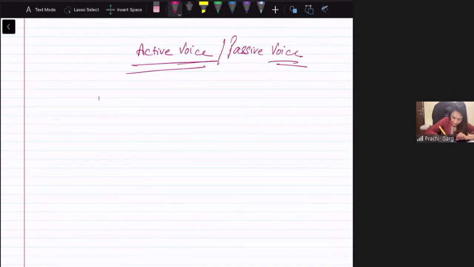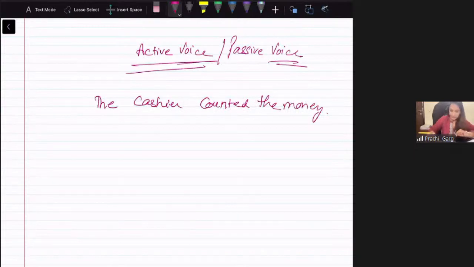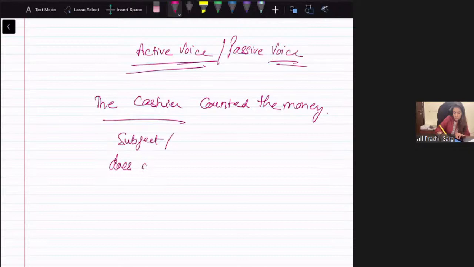If I say, the cashier counted the money, the cashier is the subject and also the doer of the action.